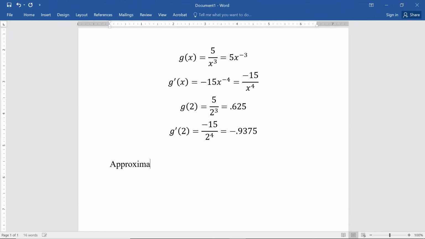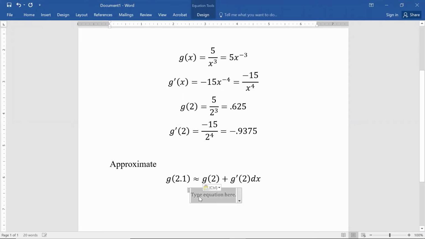Let's approximate g of 2.1 using differentials. We take g of 2 plus g prime at 2 multiplied times the differential dx. Actually, let me once again use the approximate symbol.